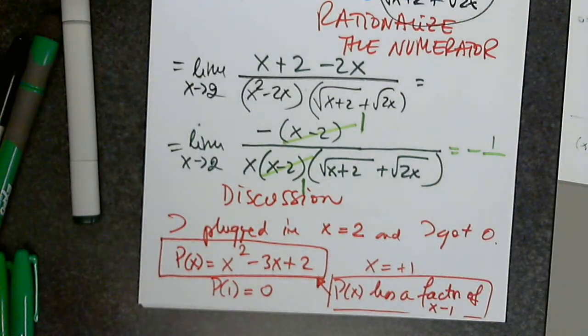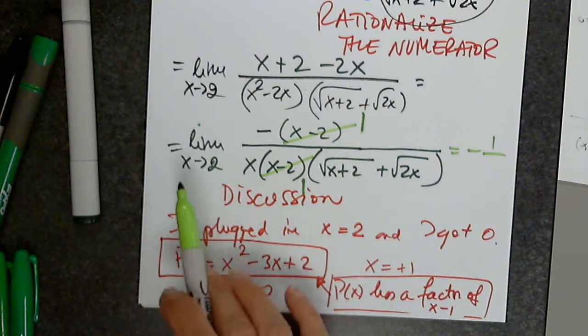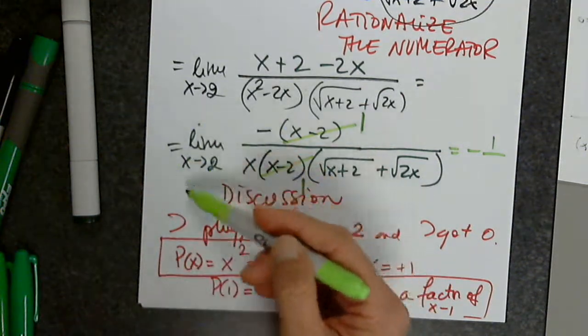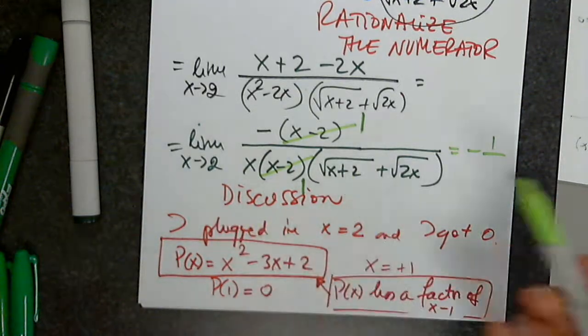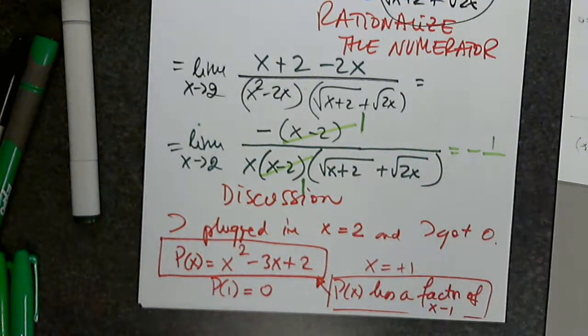Over x times x. When this goes away, I can no longer have x. I can no longer have the limit. I have what? -1 over?